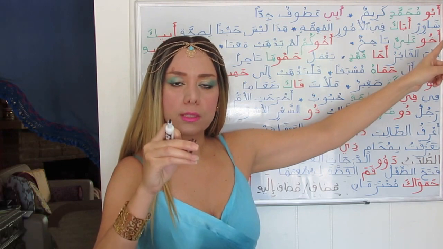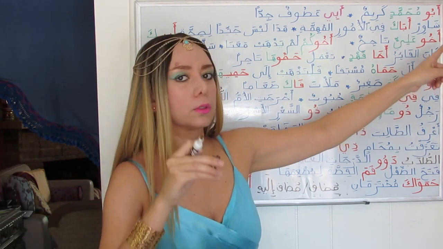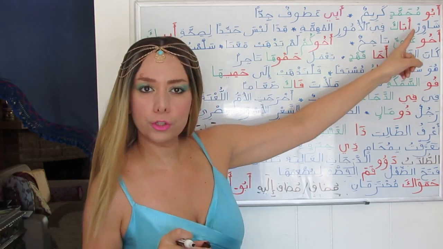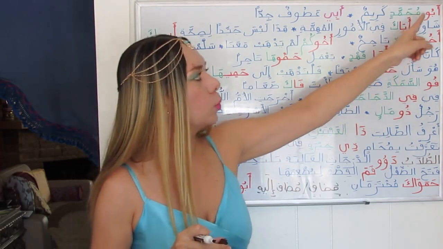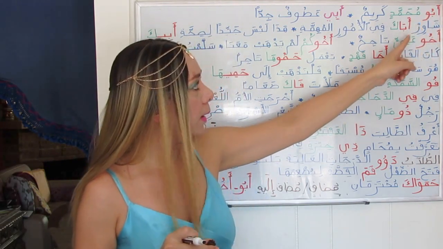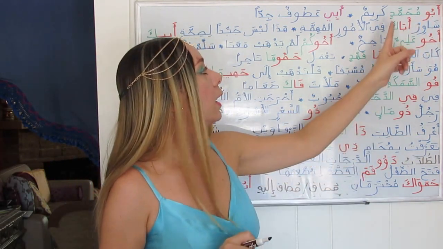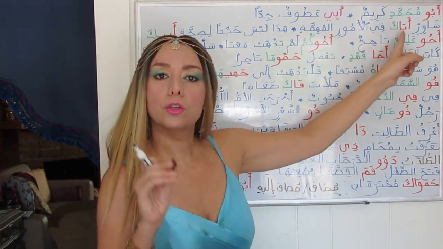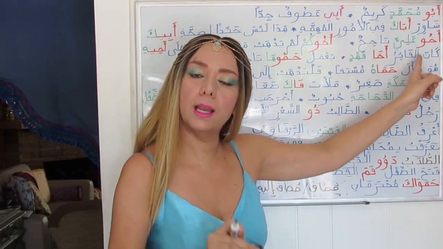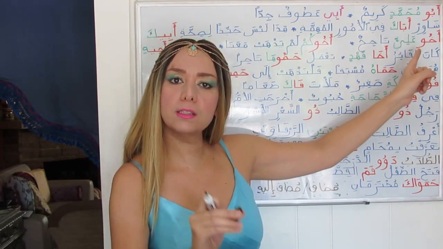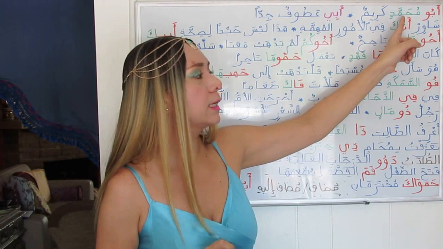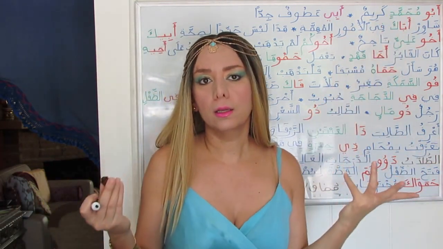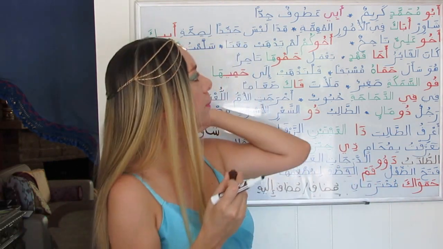So you consult, you is the subject, consult your father, abaka, and this is the first term of idafa, aba, so abu in the nominative, aba in the accusative, and is mudaf, alright, and the suffix ka is mudaf ilayh, the second term of this idafa. Here the second term is an apparent noun, and here is a pronoun suffix, abaka.